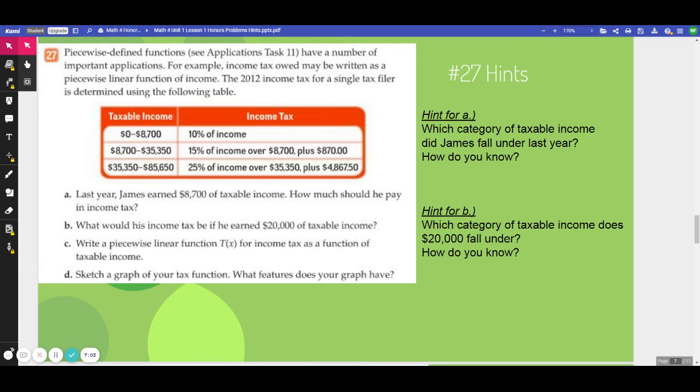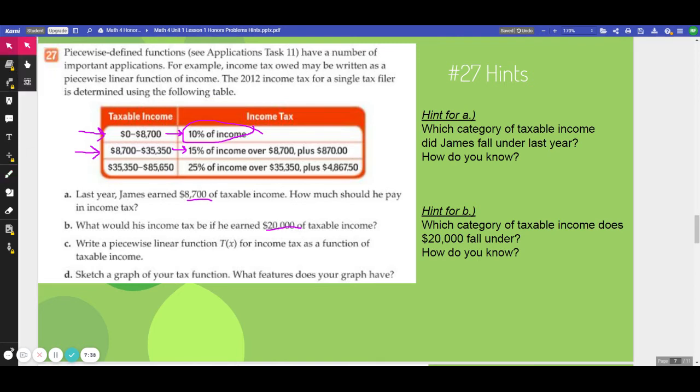Basically, look at which of these categories your input falls under, and then plug it into the formula given for wherever your input value lies in those different tiers. That's how you figure out your income tax for that taxable income. Okay, so that's your hint for A and B.